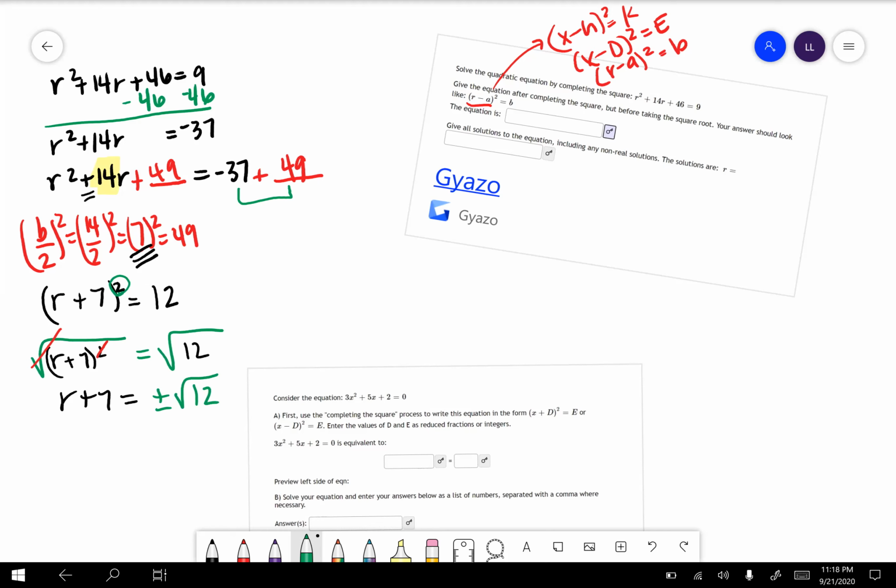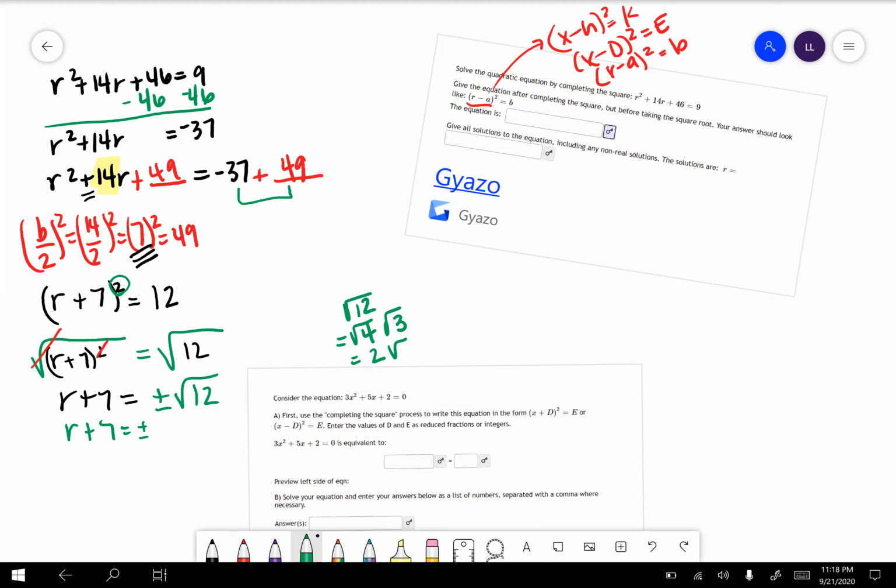Now we have to check to see if 12 can be simplified. So 12 can be simplified, it has a 4. So the square root of 12 can be simplified into the square root of 4 times the square root of 3. Square root of 4 is 2.